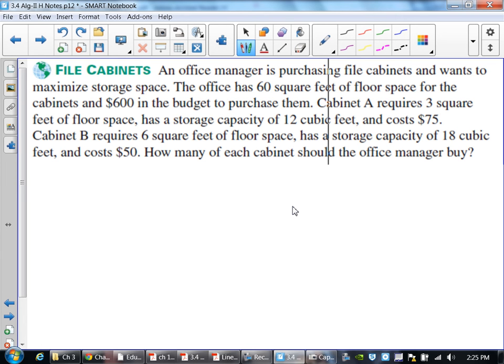The office has 60 square feet of floor space for the cabinets and $600 in the budget to purchase them. So you have 2 constraints right there. You only have up to 60 square feet to work with, and only $600 to spend. So you know it has to be less than or equal to 60, and less than or equal to 600. We don't know anything else except that we want to maximize storage capacity.